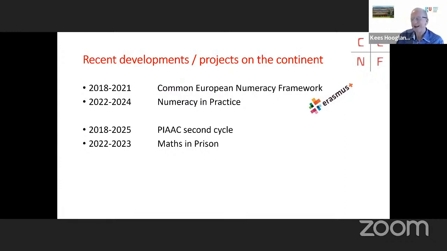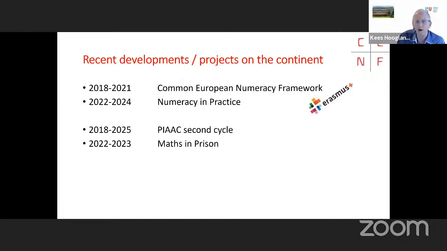The recent developments we like to share are from different Erasmus Plus projects. We worked from 2018 on what we call the Common European Numeracy Framework, and we brought together all kinds of ideas from all kinds of countries, even the United Kingdom, of course, with the developments on the numeracy strategy, in a kind of common language on what are important aspects when you think about numeracy, teaching numeracy, and provisions in numeracy.